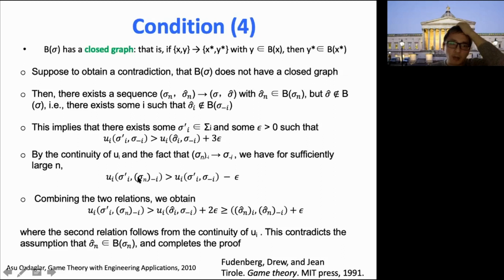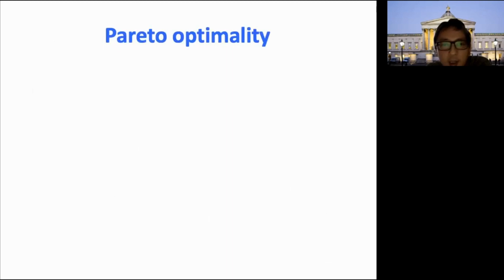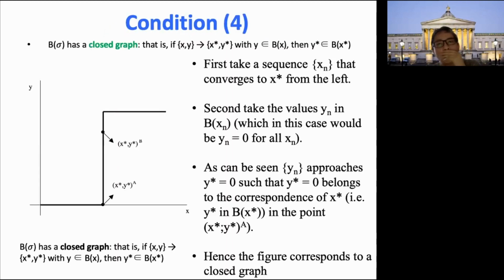From that you can come to a conclusion that conflicts with your assumption, therefore proving that this is indeed the case. But visually, you can always see that this is the best response curve, and this point always exists there. Therefore, it's a closed graph. Once you have that, you have the complete proof that there is indeed existence in the finite game.